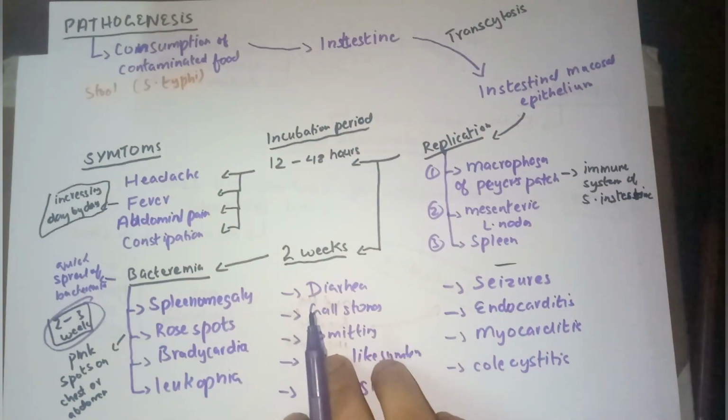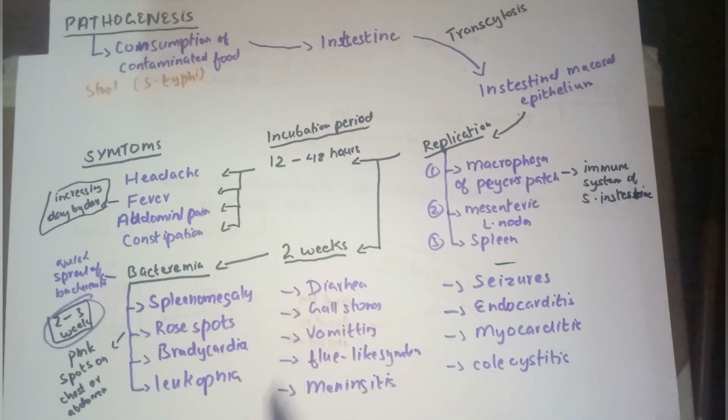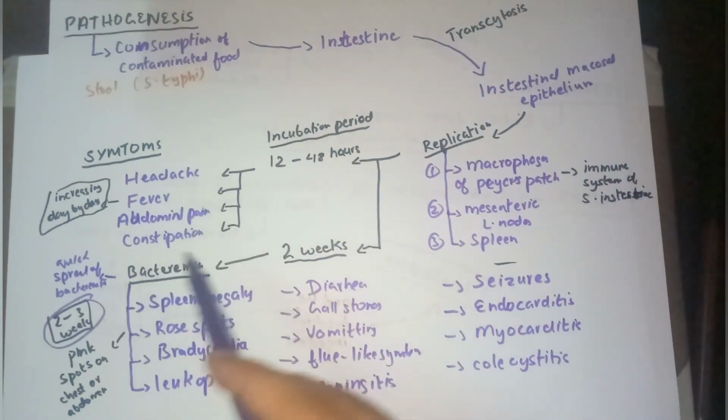So guys, what does this show to us? It shows that you have to treat typhoid within 2 weeks. When someone feels he is having fever, headache, abdominal pain, constipation, and it's been a week, then he must come to the doctor for a checkup.